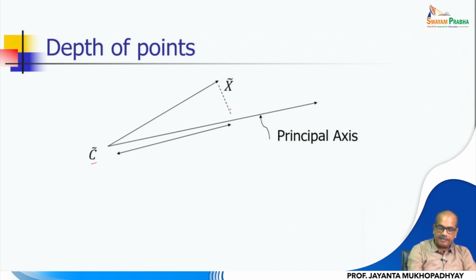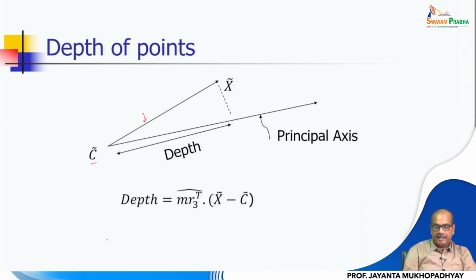If I take the perpendicular projection of x tilde, that is, the projection of the vector on the principal axis, that would give you the respective depth information. So depth can be computed as follows: you see that this direction is given by the M R3 unit vector.